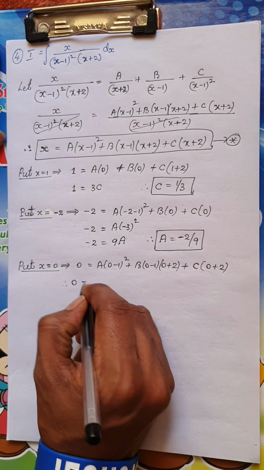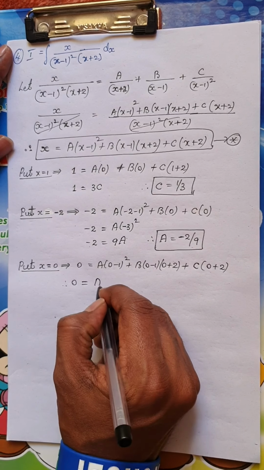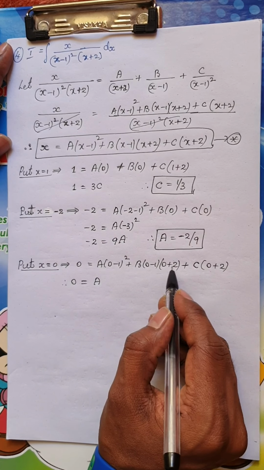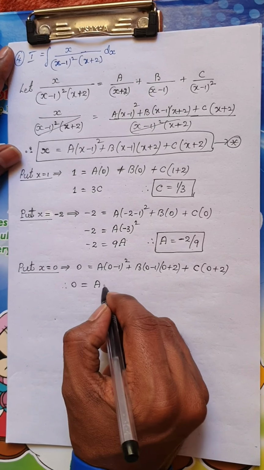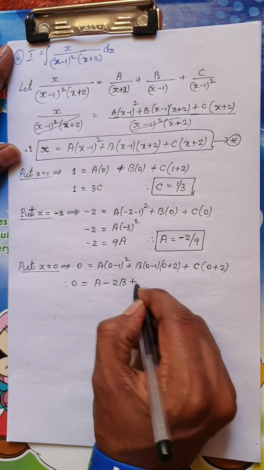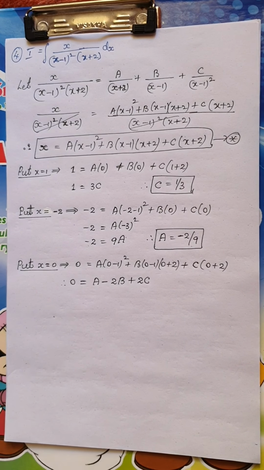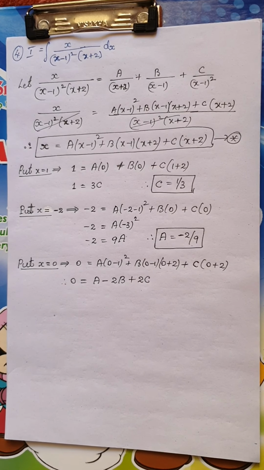Therefore 0 is equal to, now remember 0 minus 1 is minus 1, because I have square, 1 square would be 1. Similarly 0 plus 2 would be 2, but 0 minus 1 is minus 1. So this will be minus 2b plus 2c as it is. So here I will substitute for a and c, and get the value of b.